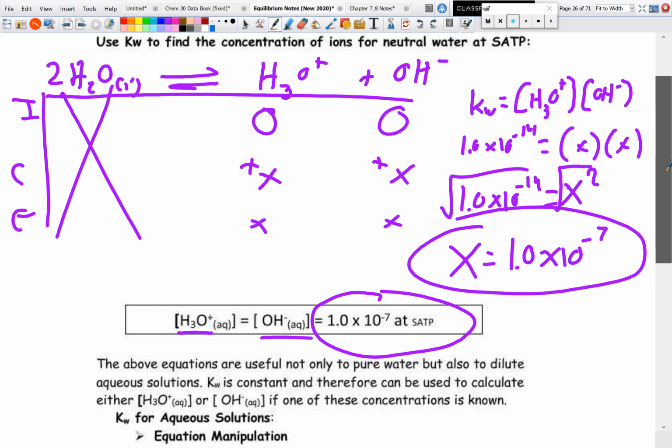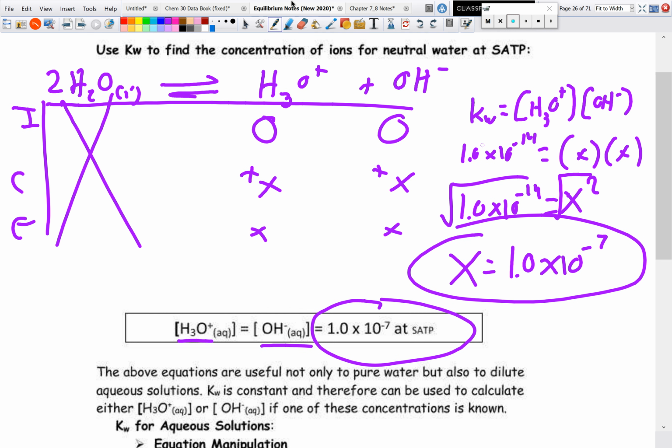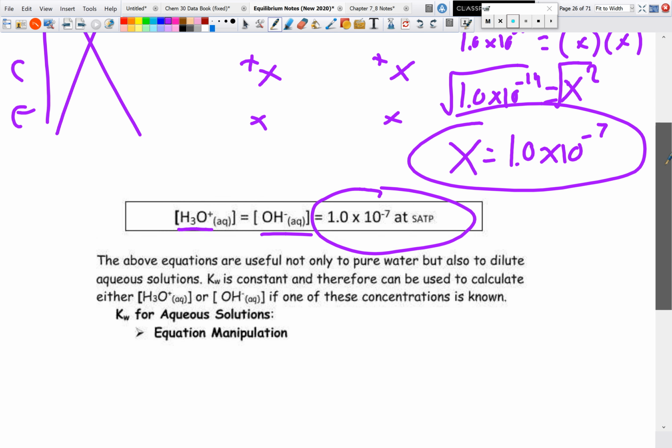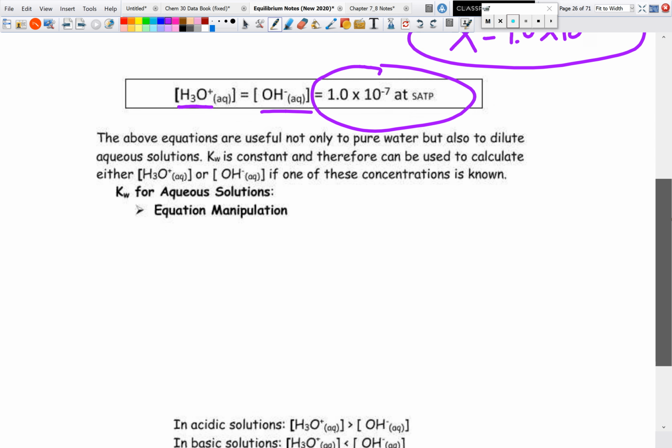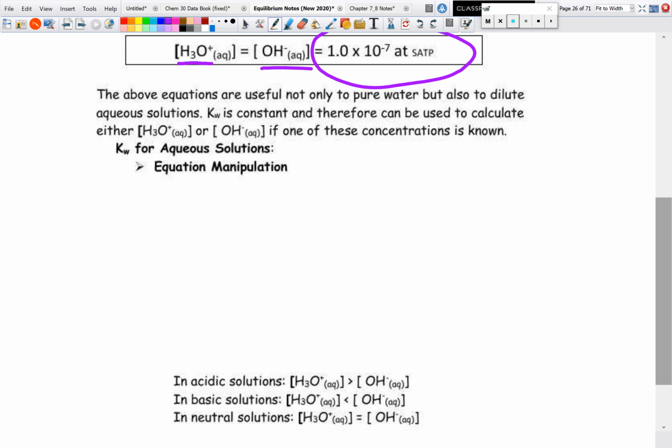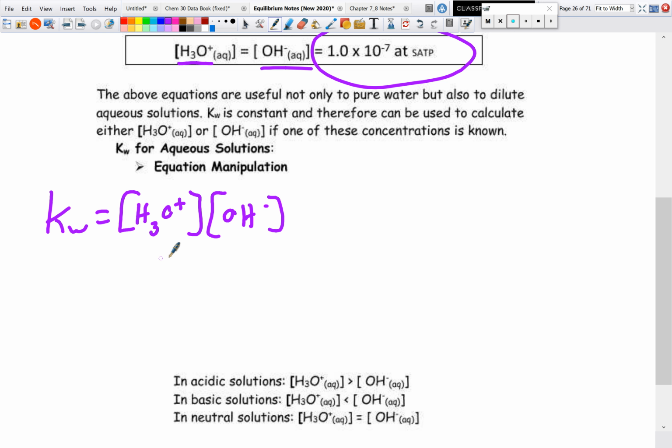So what that means is that we can actually take our equation, or the previous one, because it has both hydronium and hydroxide in it, and depending on whatever concentration or whatever kind of solution we have, if we manipulate our equation to solve for hydronium, we get Kw over the concentration of hydroxide.